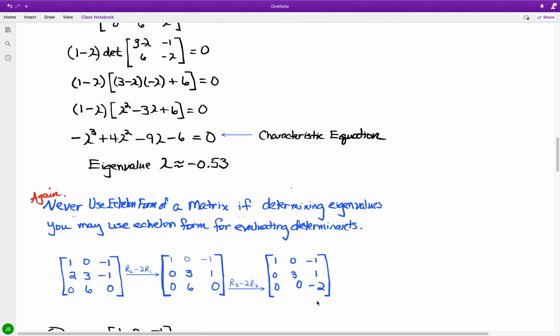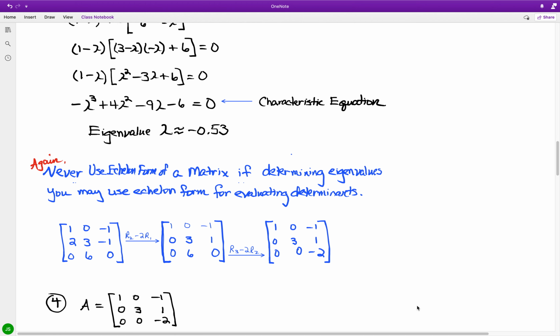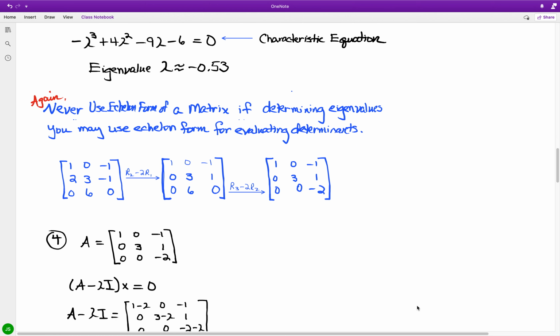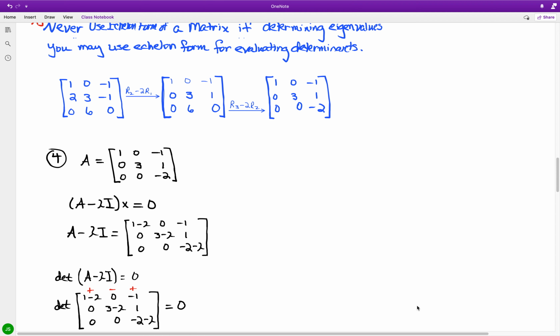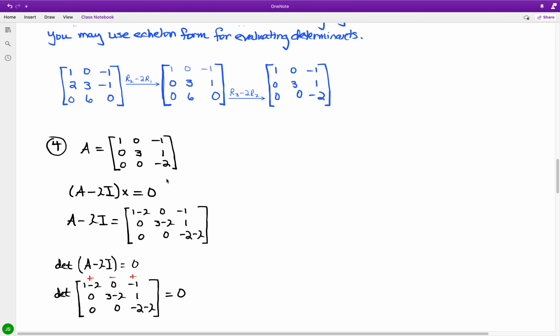And in this particular case, I have a triangulation of zeros. Let's say I set A equal to the echelon form of the matrix in example 3, just running it through the process. So I have A as 1, 0, 0, 0, 3, 0, negative 1, 1, and negative 2.